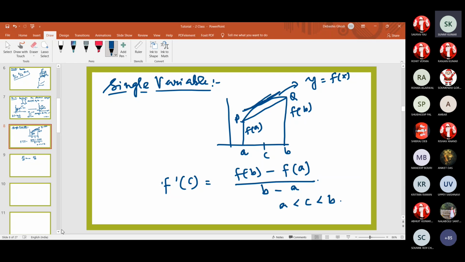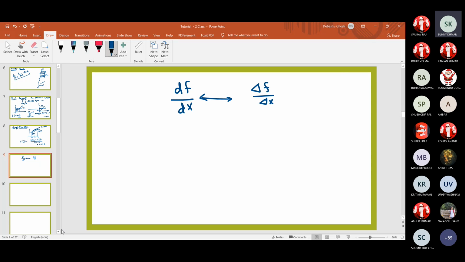The most significant theorem is also well known to you, that is Rolle's theorem, and we know that Rolle's theorem is a particular case of the mean value theorem.